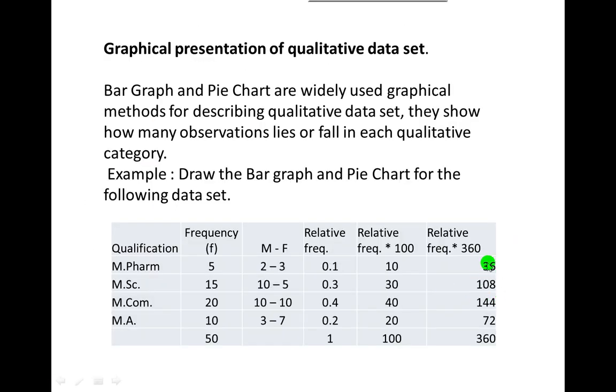If you add 36 plus 108 plus 144, this plus this plus this is equal to 288.